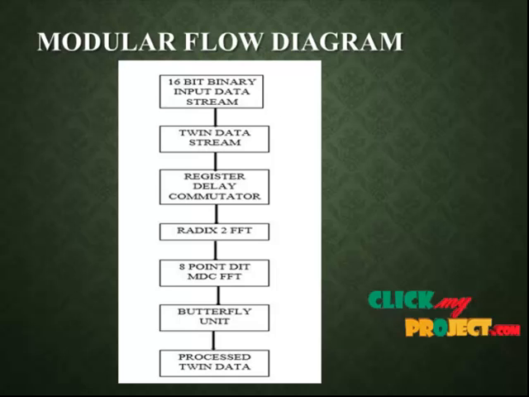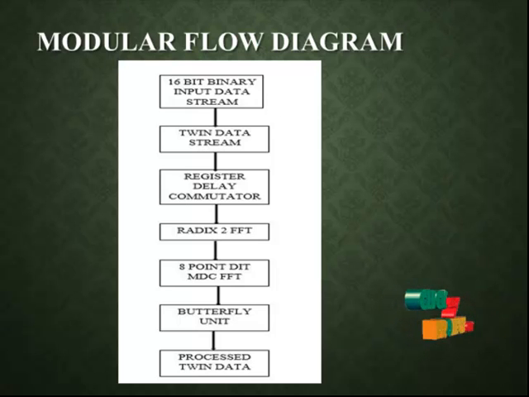In the Radix-2 FFT architecture, the register value contents are being swapped for the first set of clock cycles of the odd data and swapped for the next set of clock cycles for the even data. The data is being fast Fourier transformed and they are sent to the butterfly unit.